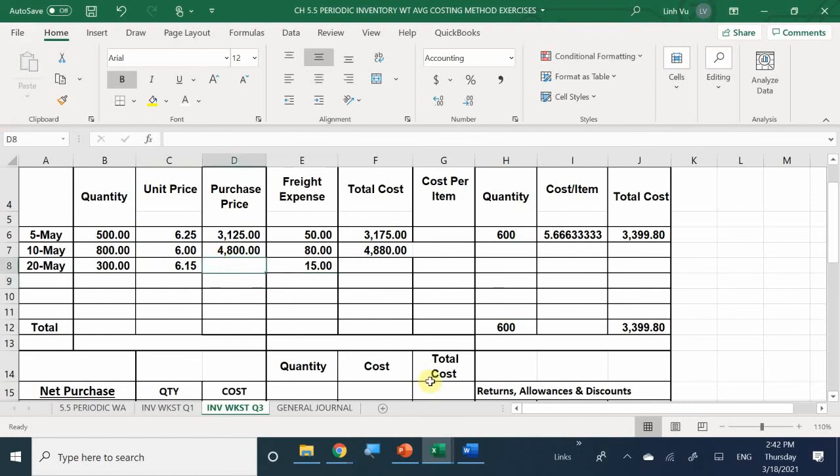Okay, so what's my purchase price here? $1,845, and plus my $15 freight gives me a total cost of $1,860. Again, we don't need to solve for the cost per item. Let's see what else happened.